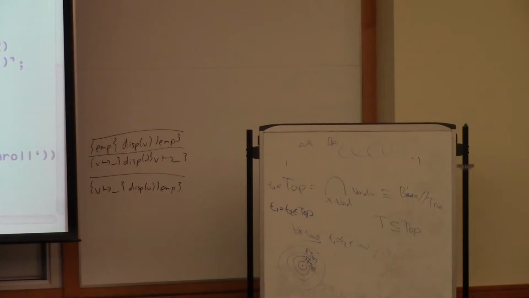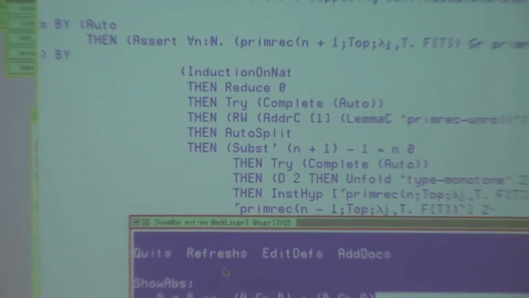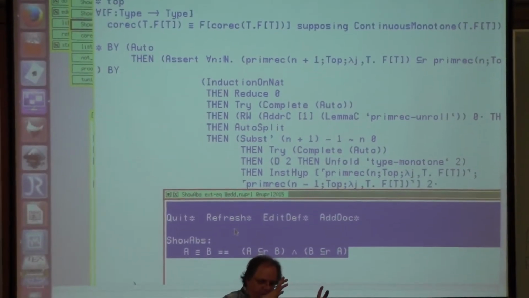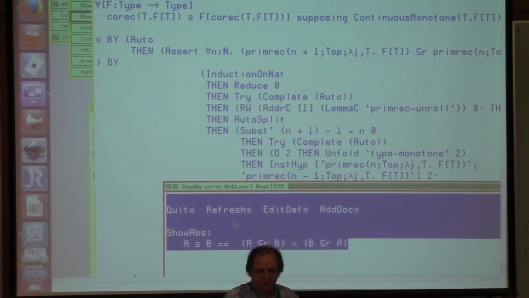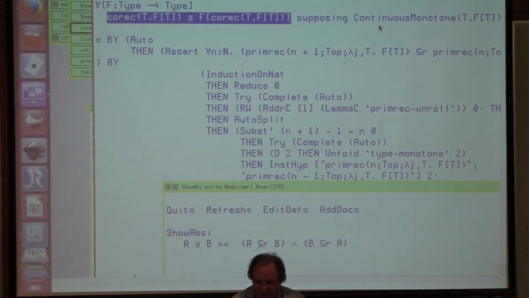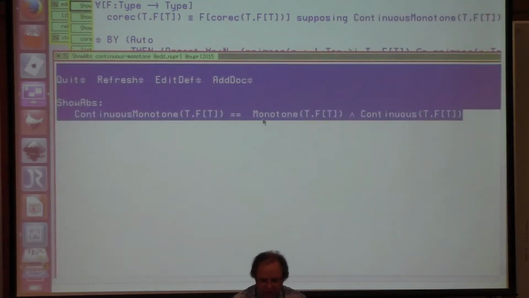So this triple bar just means subtype in both directions. So the co-recursive type is a fixed point, and you can show it's actually the greatest fixed point, provided you have this continuous monotone thing, and I'll show you what that is. It's just monotone and continuous.